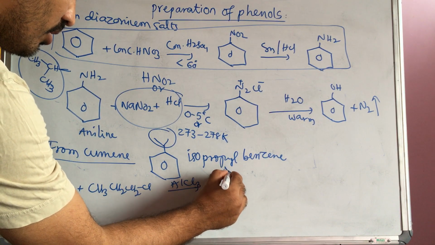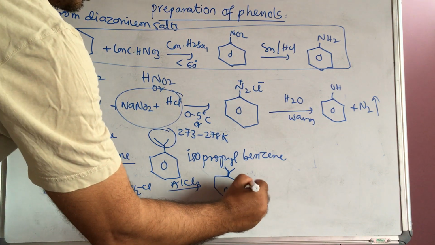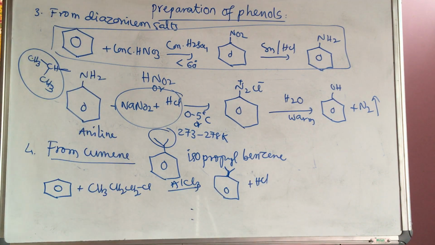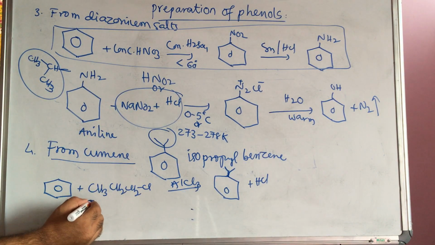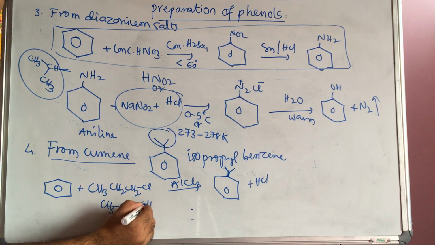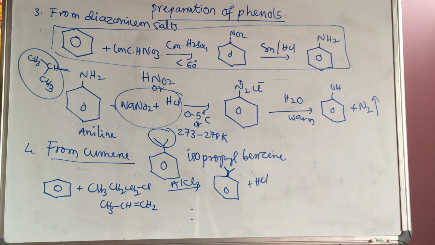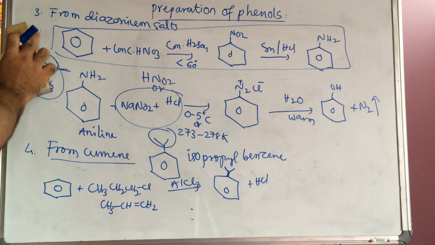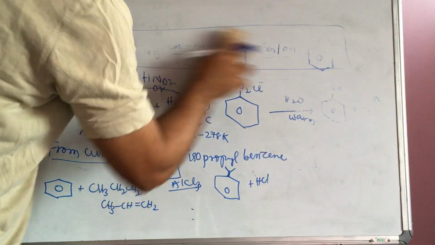After rearrangement of the carbocation, we get isopropyl benzene, along with HCl. Otherwise, instead of n-propyl chloride, you can take CH3CH=CH2, propene. Then also we get isopropyl benzene. In our textbook this is not there, but I am giving how to get isopropyl benzene here. Next, from isopropyl benzene, how do we prepare phenol?